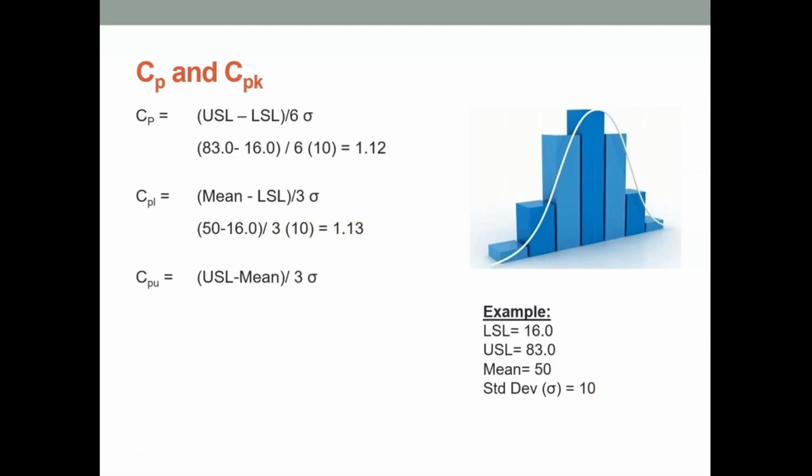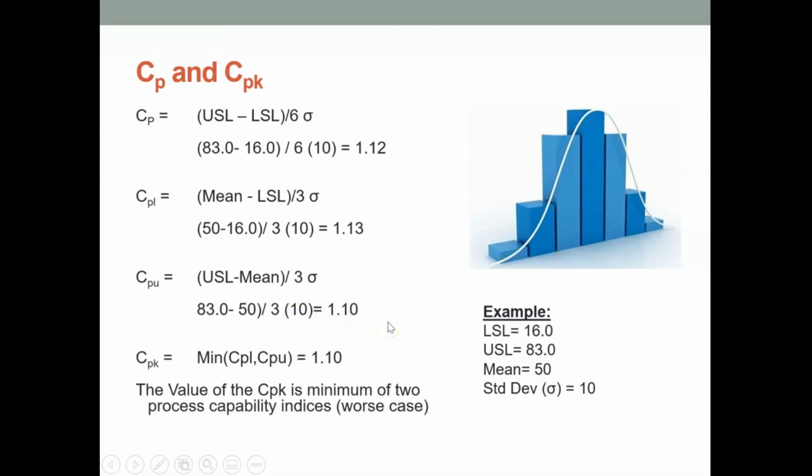Our CPU, so our upper limit, is our upper specification limit, which is 83, minus our mean, which is 50, divided by 3 times 10, and that gives us a result of 1.10. So our CPK is taking the minimum of these results. So our worst case scenario is our CPU, so that's a 1.10. That is our CPK for this particular process.